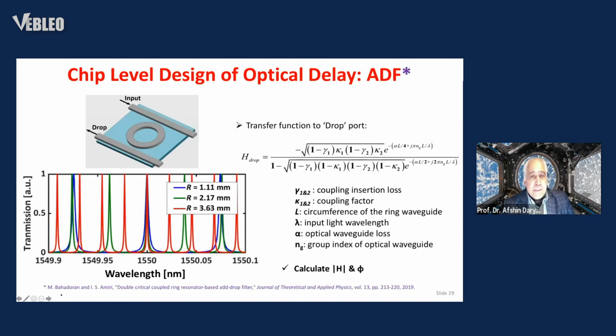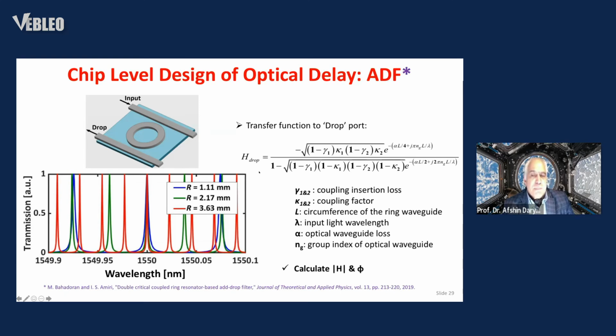Now, the next step is to achieve the delays using the add-drop filters. And add-drop filters are based on the microdisc resonators, and the optical energy enters in here. And if it matches up with the resonance of this structure, then the energy could leak out through the drop port. If it doesn't match up with the resonance, then it goes through the through port.